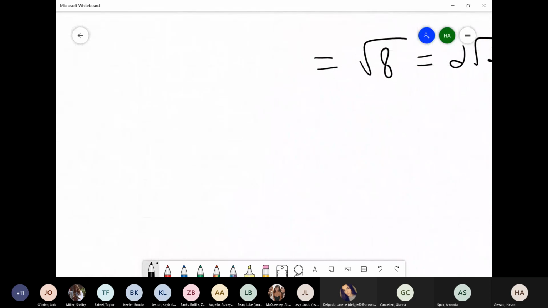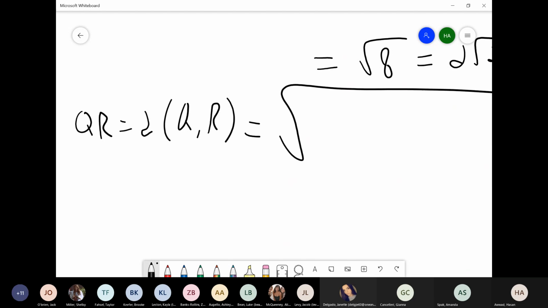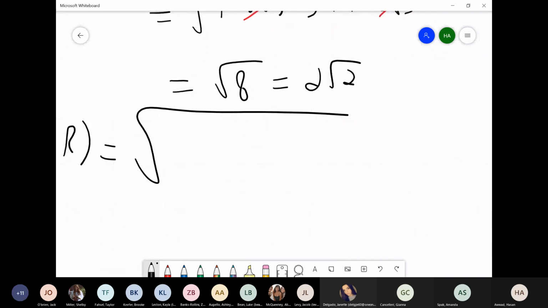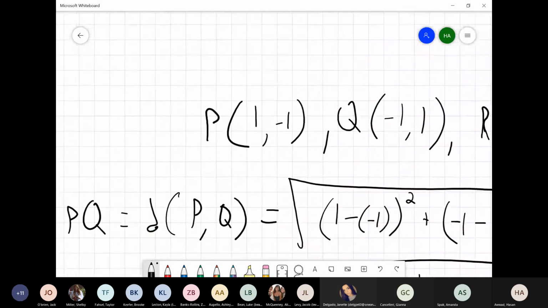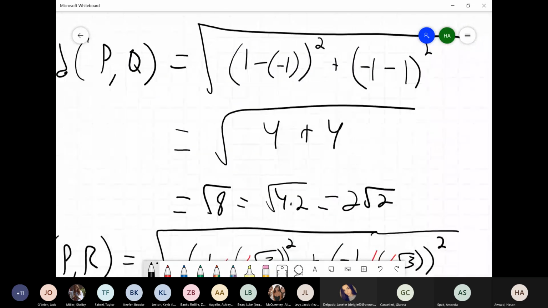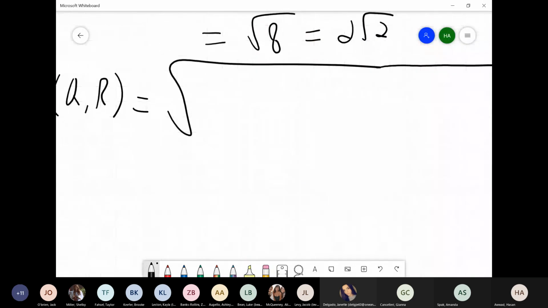Okay, so side QR is the distance between Q and R. We take the square root of the whole big thing, and I'm going to start with Q one more time. So Q is -1 for its X component, and we know all of R's components are negative square root of 3. So we have -1 minus -√3 squared.